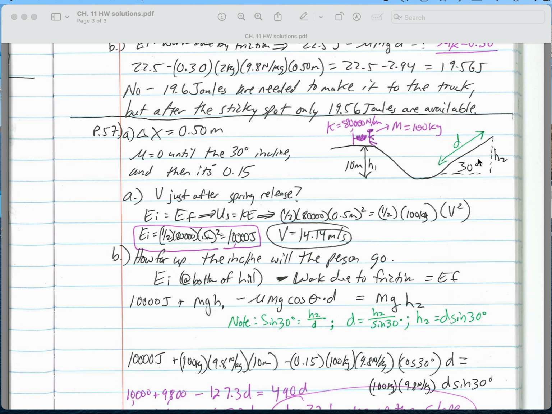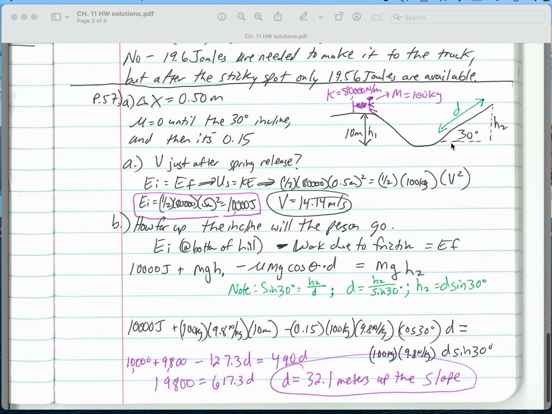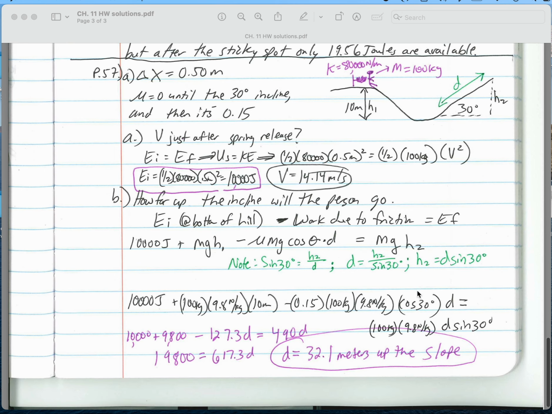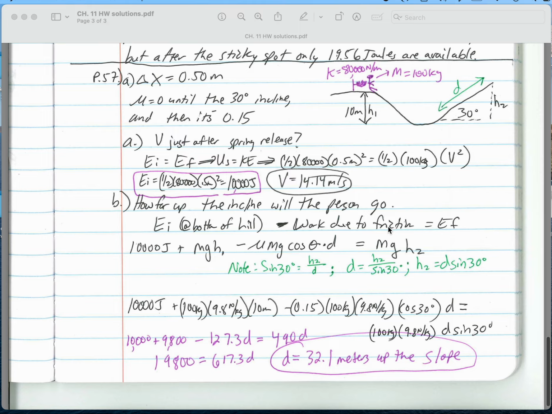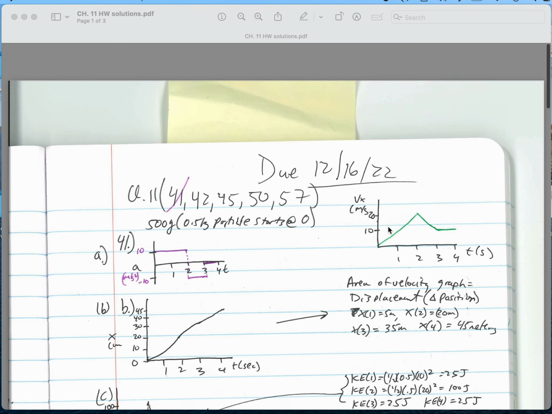But that's too many variables, so I needed to put this in terms of d. d sine theta is equal to h2, so d is equal to h2 over sine theta; h2 is equal to d sine theta. Work that around and end up getting, it would slide up 32.1 meters up the slope. So that's just a bunch of algebra there. And again, hopefully those make sense.